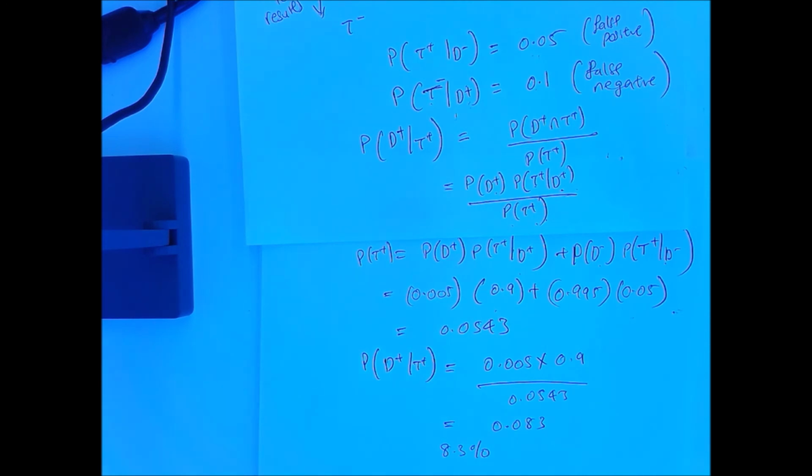Yeah. The 0.9, that came from the complement of the false negative, is that right? That's right. Because the opposite of false negative is true positive.